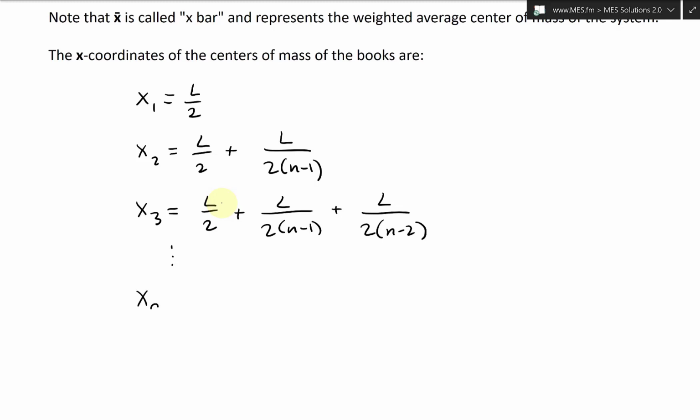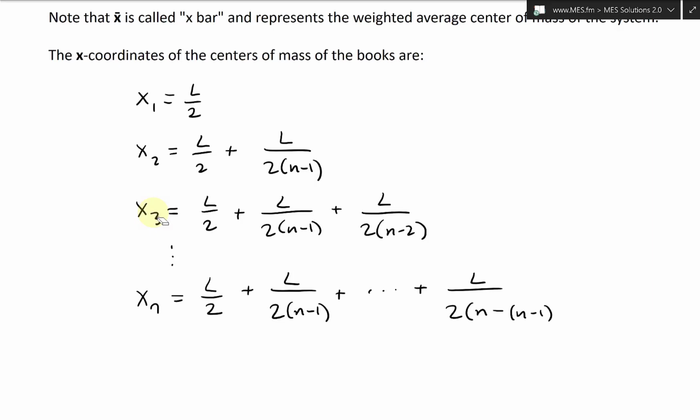Then what we get is Xn, the nth book, is going to be L over 2 plus L over 2(n minus 1) plus dot dot dot all the way. It keeps going all the way to the very end, and that end is going to be L over 2(n minus (n minus 1)). It's one less than n, so it's going to be n minus (n minus 1) like that.